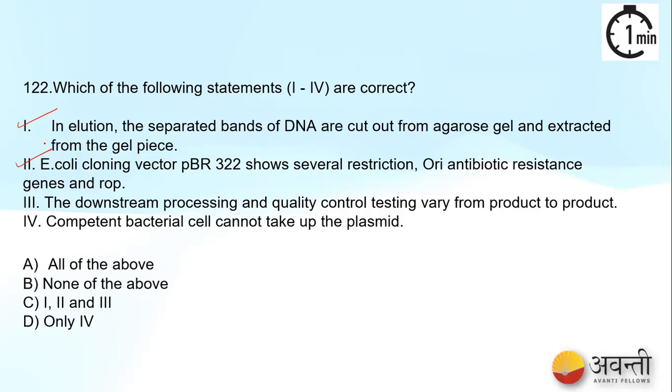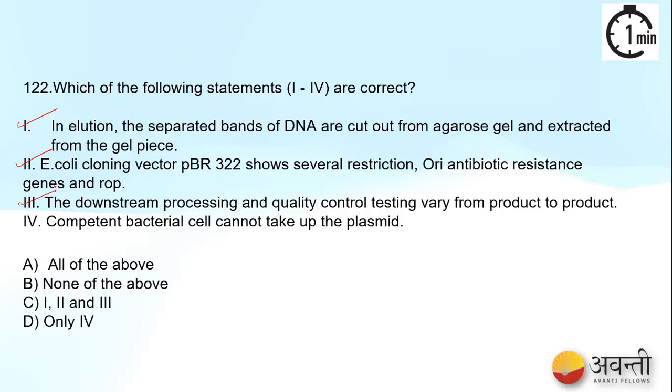For example, take the difference in the process between insulin production and the distillation of alcoholic drinks like beer. You can see there is plenty of difference in how the downstream processing takes place by the time the product reaches us. So this also is a very right option.